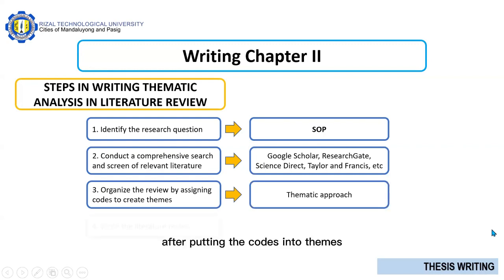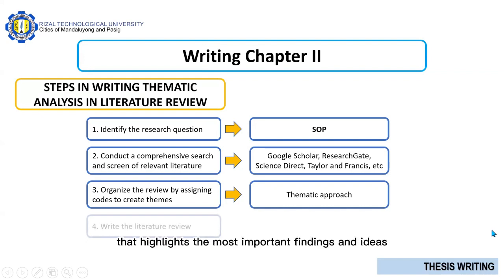After putting the codes into themes, review and synthesize the codes and their descriptions to improve and clarify the themes. Organize the themes in a way that reflects the research question or topic and write a summary that highlights the most important findings and ideas.